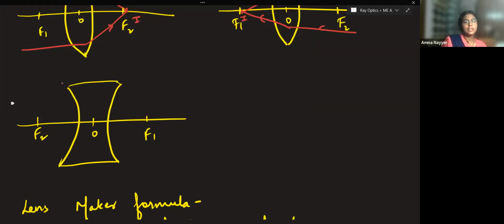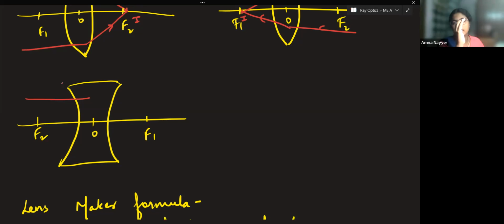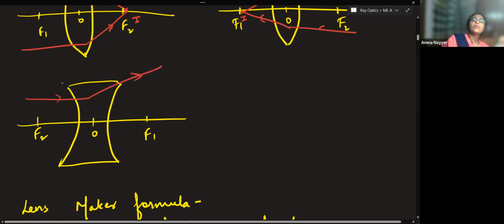Rays of light are coming. For the concave lens, see, this refracting surface has been shifted now. Earlier, this refracting surface was like this, so its principal focus was here. Now this is like this, so its principal focus has shifted here. That's why F1 and F2 are exchanged now.